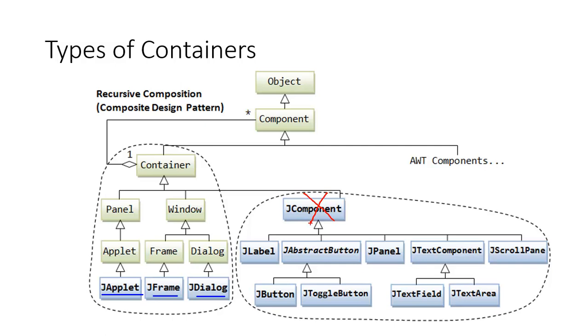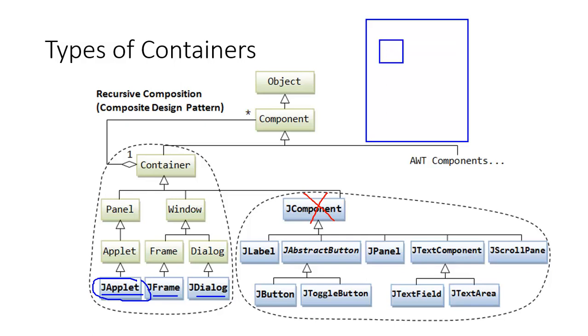Now one thing you must understand is these containers can only appear at the root level. What do I mean by that? Suppose you create a JApplet container; inside this JApplet you cannot put one more JApplet.